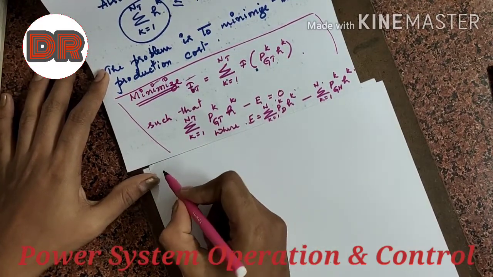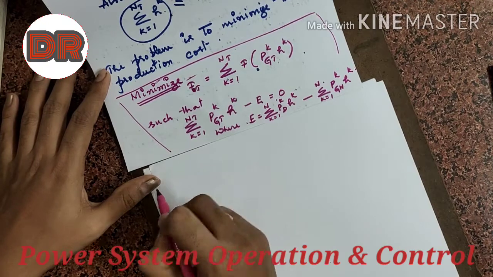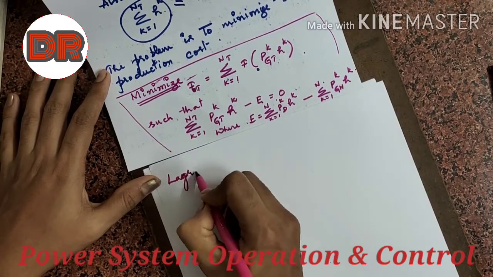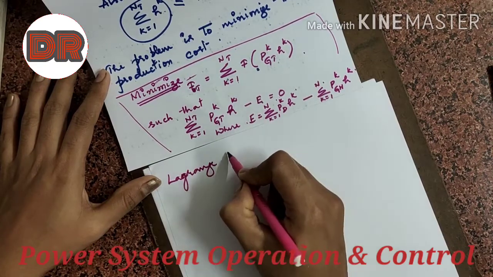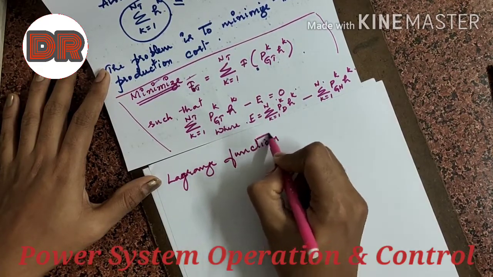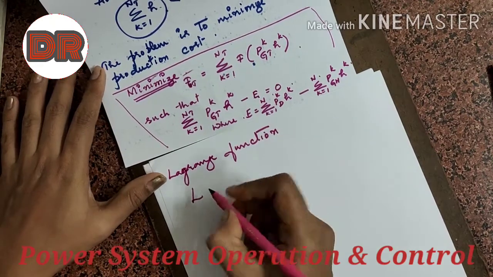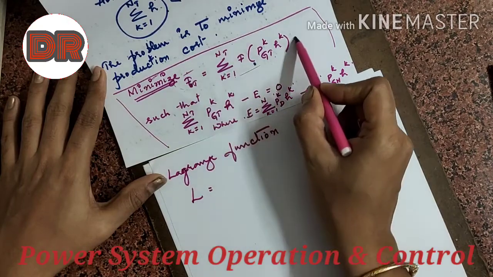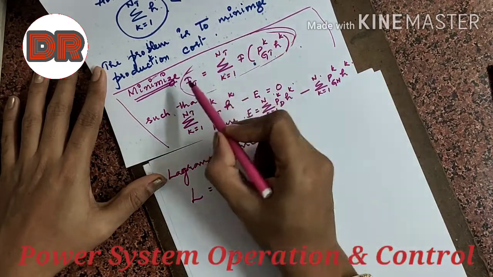So using Lagrange's method, we define the Lagrange's function. So remember how to write the Lagrange's function. Let me denote it by L. Whatever mathematical model you have written, that is the optimization statement, this one.